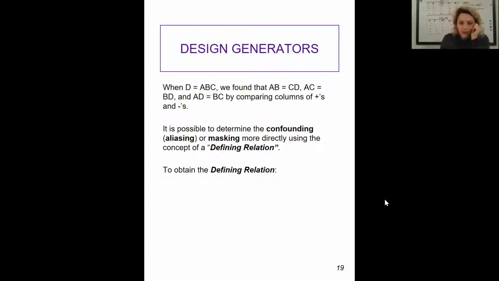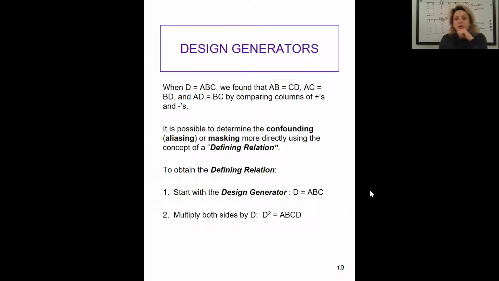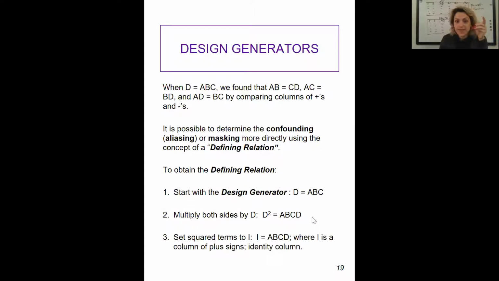To obtain the defining relation, we have 3 steps. The first is to start with the design generator, for example, D equal to ABC. Then multiply both sides by D, so you would have D squared is equal to ABCD.